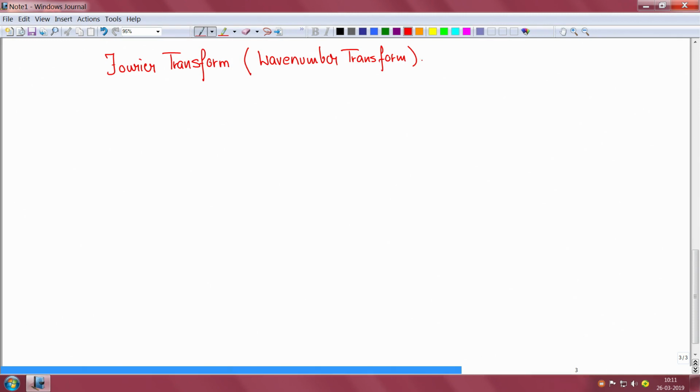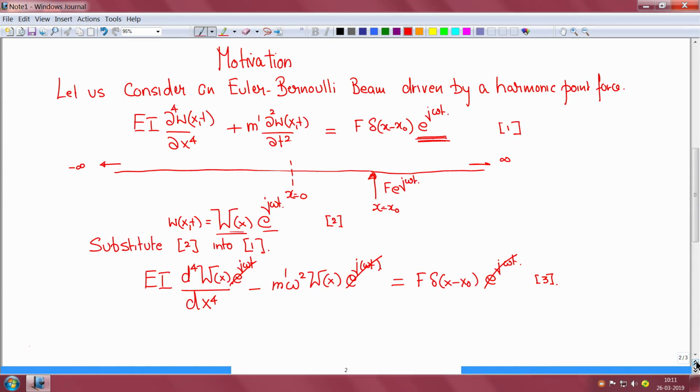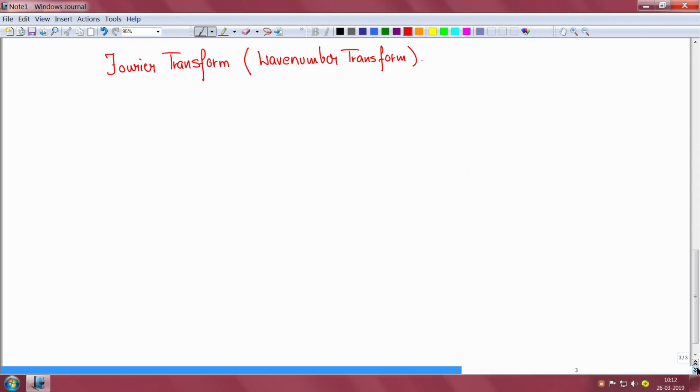Okay. Since we need that equation back again, let me just take a look. E I d 4 W dx 4 minus m dash omega square W of x is the forcing function. So, let us get back here.